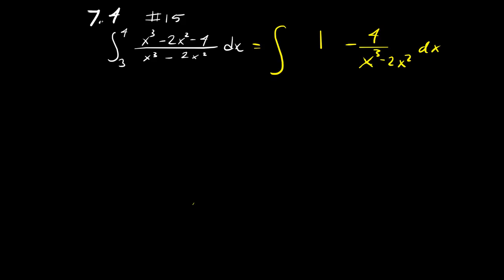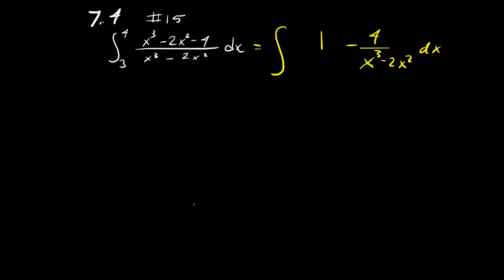All right, now we're in a place where we can do our partial fraction decomp. To do that, I really like to do this as side work, so let's just do that. I'm on a computer. I'm going to go to a different page. So we're going to take this 4 over x cubed minus 2x squared and think about how we can decompose this.